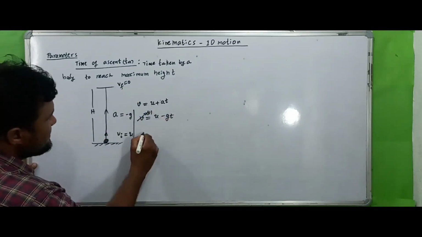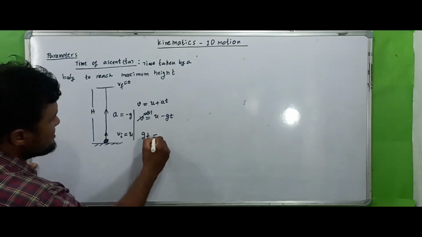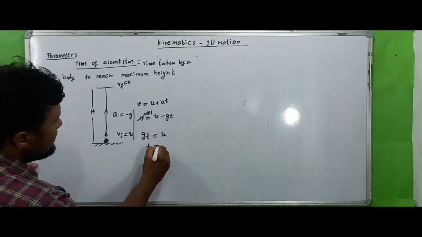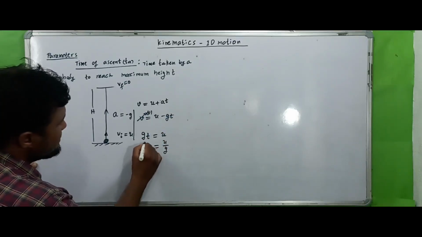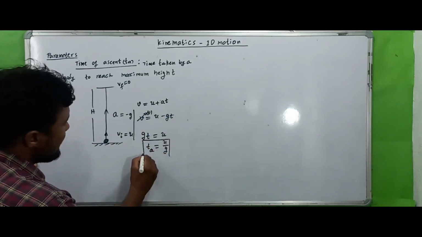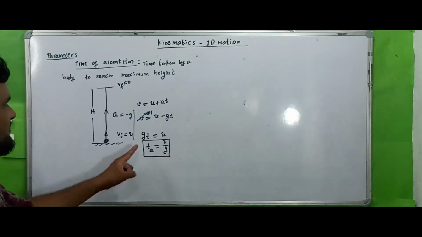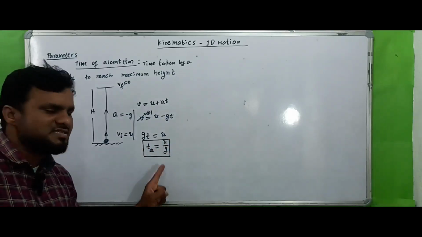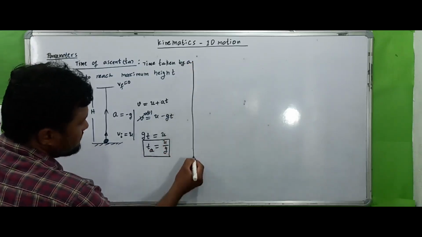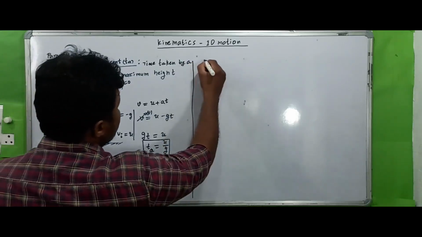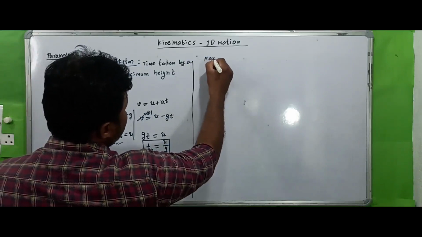Taking minus gt to the other side, plus gt is equal to u, so t is equal to u by g, where t is written as t suffix a, the time of ascent. T suffix a is equal to u by g is the time of ascent formula. Now, next parameter: maximum height.